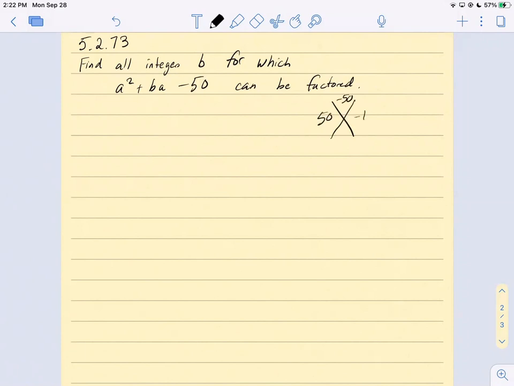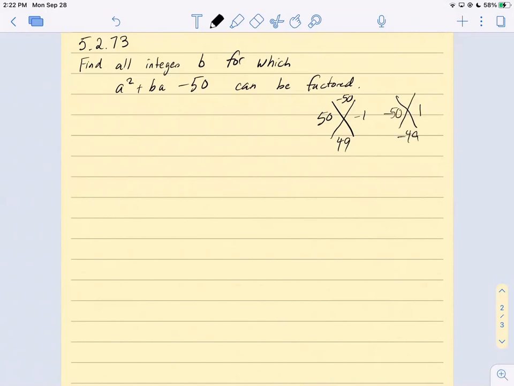Okay, and then if we did that, what would b be equal to? It would be equal to 49. Nice. You could also do negative 1 and negative 50 and positive 1 as well. That would be negative 49. Basically, any number you do, you can always move the minus sign and it will work.